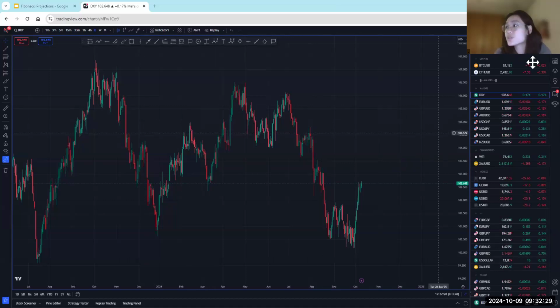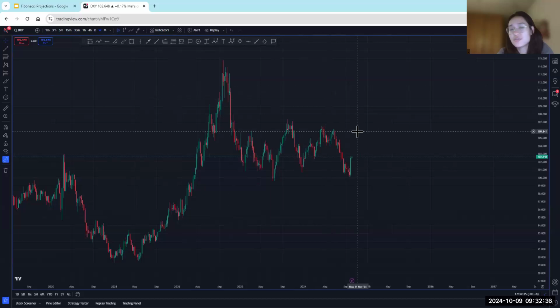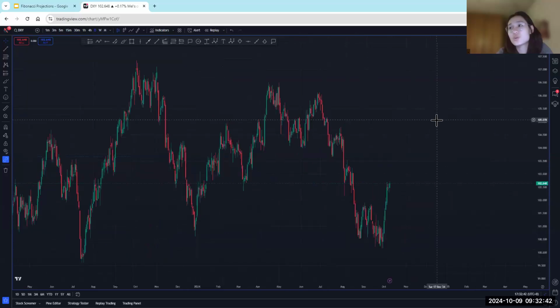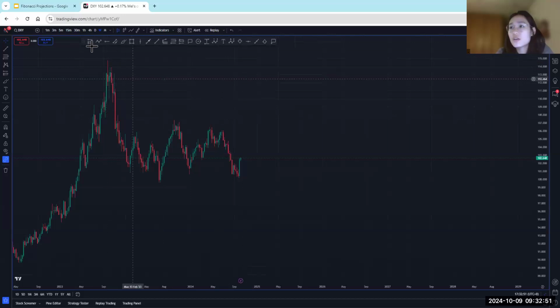Okay, so we're gonna start off by looking at DXY first. I'd like to start off by looking at the higher time frame so that we get an idea of the general direction of price, and then we zoom into our lower time frames. So looking at our weekly time frame, you can see prices recently moving upwards.